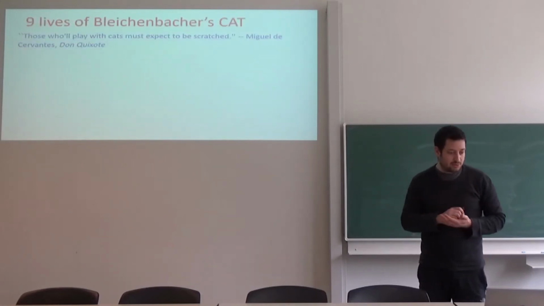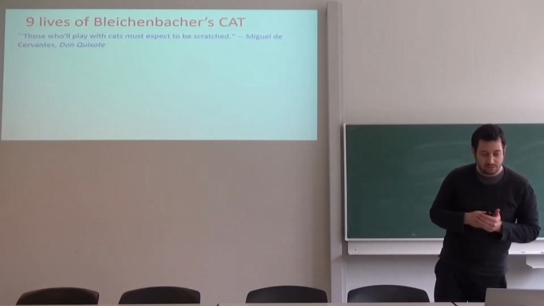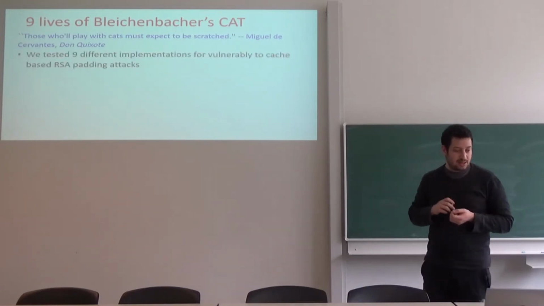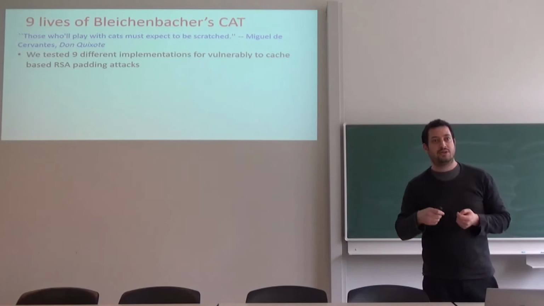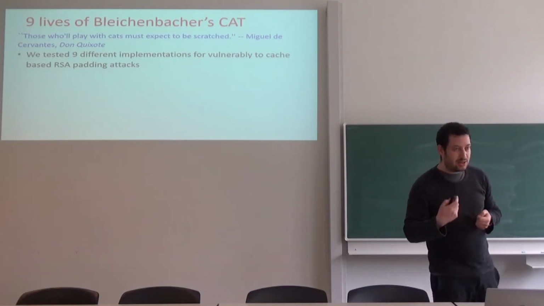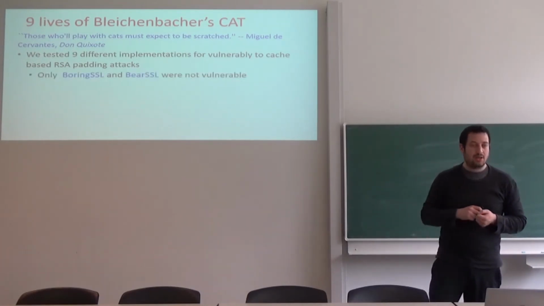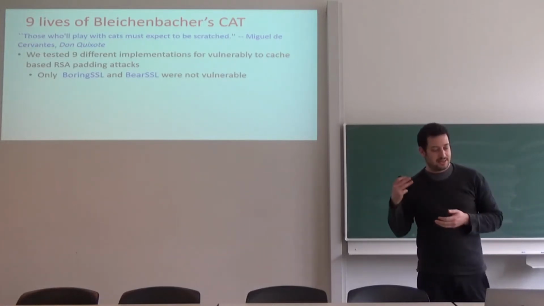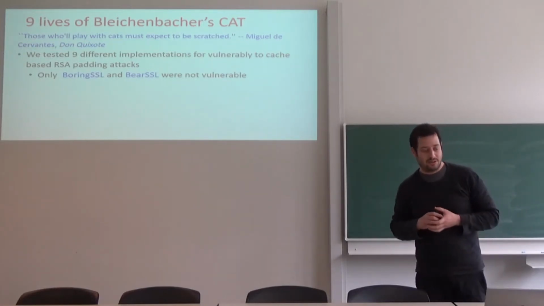Okay, so what we did in our paper is look at 9 different implementations, and we tested them for vulnerability to different types of cache attacks on the RSA padding scheme. Of all the 9 implementations that we checked, only 2, BoringSSL and BearSSL, were not vulnerable.